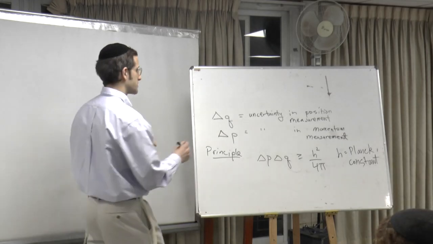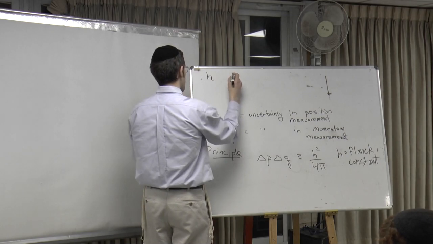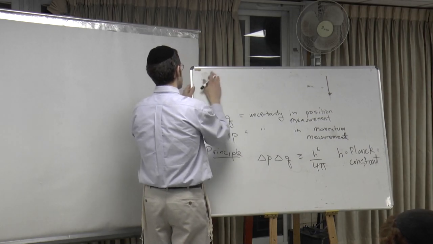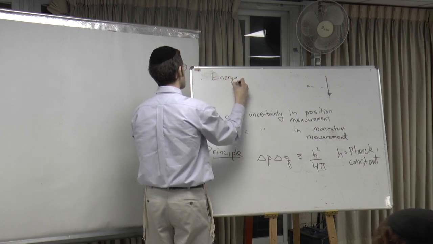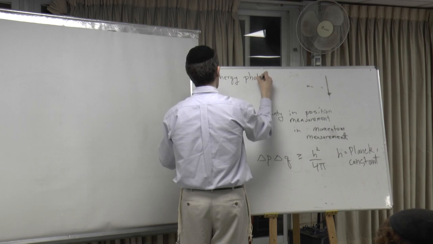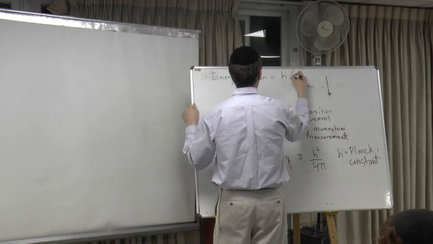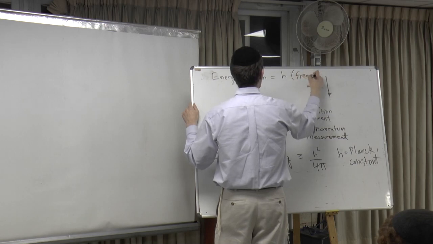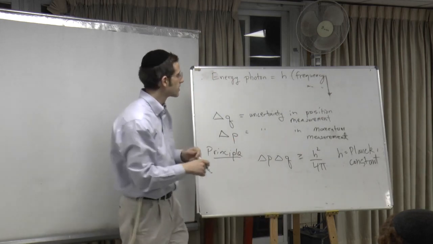So what is h? If you have a photon and you want to know the energy of the photon, that's equal to h times the frequency of the associated electromagnetic radiation.